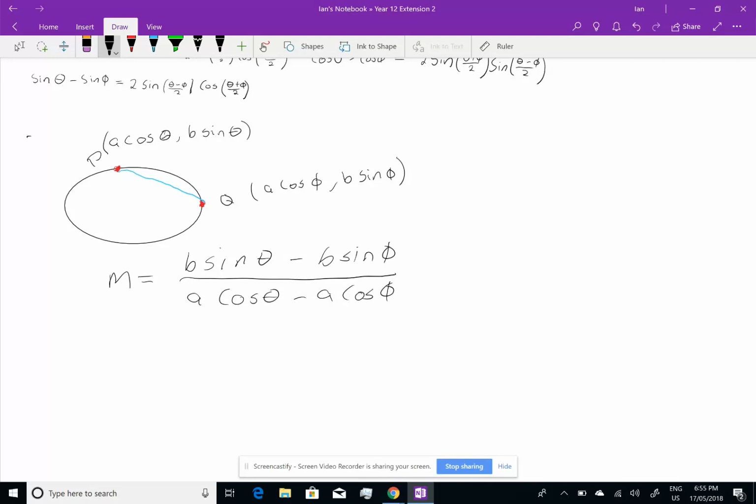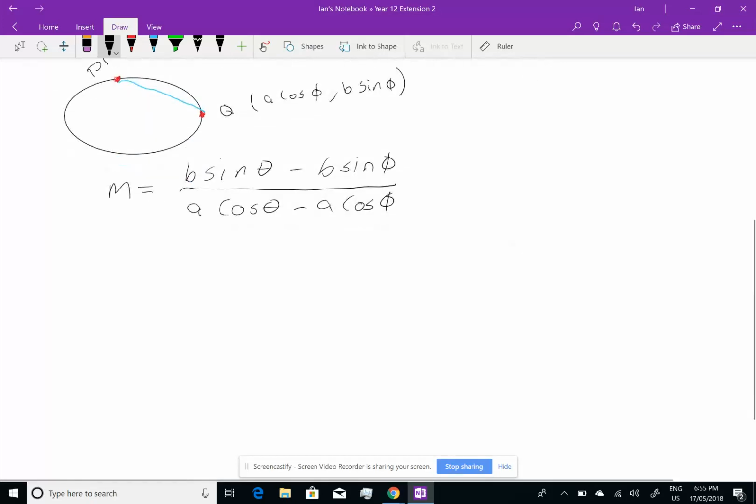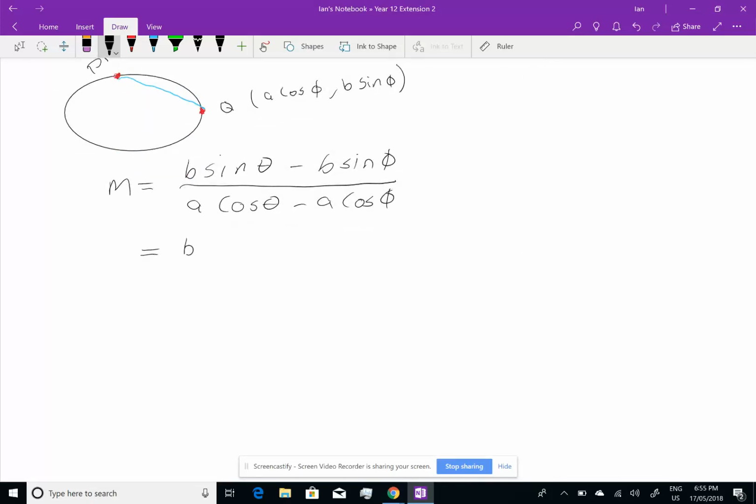All right. So what I'll do is I'll factorise out the b and the a. So I'll get b, and then here I've got sine theta minus sine phi. And here I've got a outside of cos theta minus cos phi.